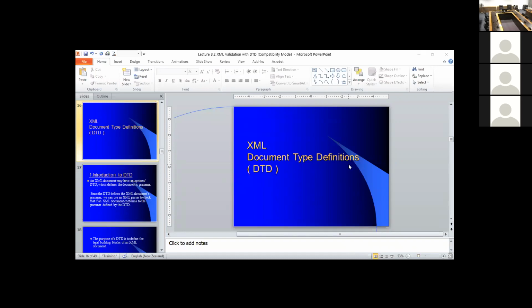Okay, there's someone on chat. Yes, there is a suggestion from Shalmendra that says we can use NetBeans 8.2, which automatically does the formatting after copying and pasting XML code.